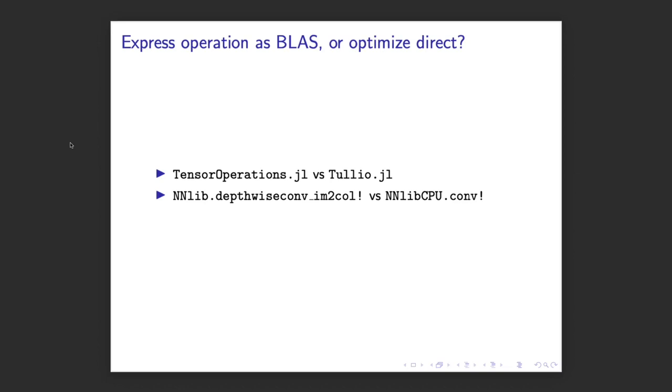However, NNlib CPU, for example, much more naturally expresses convolutions as just a sequence of for loops, and is able to achieve 30 times better performance for these convolutions simply using Turbo than DepthwiseConv does.